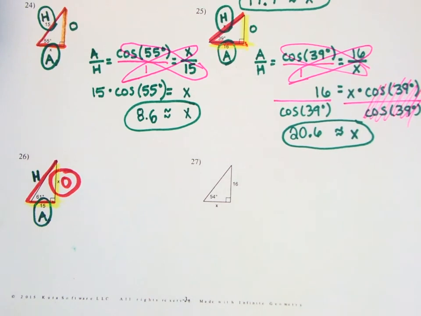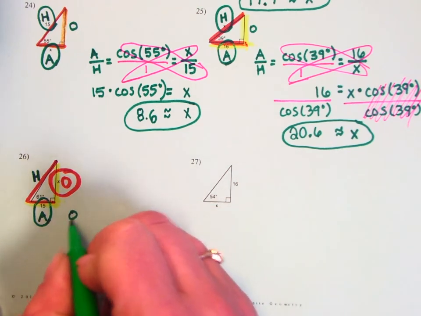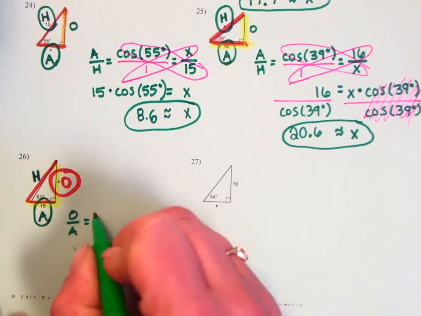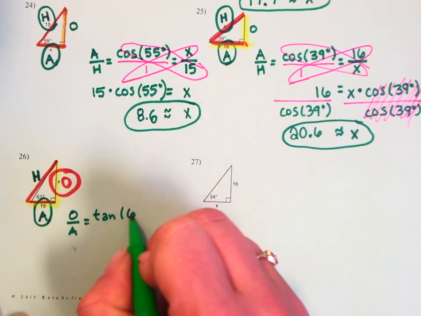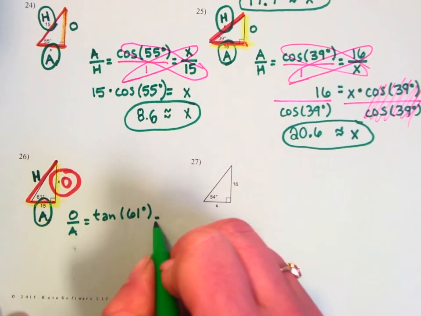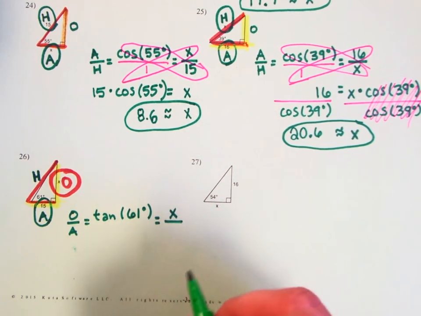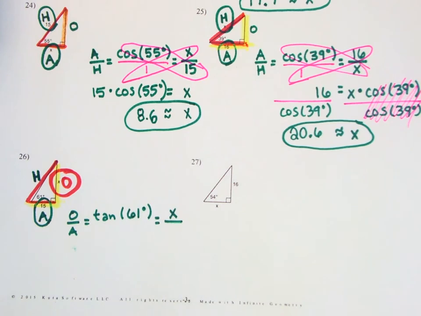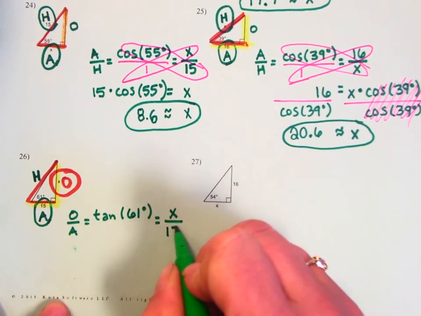SOHCAHTOA, that tells me that O and A make tangent. Opposite over adjacent is equal to the tangent of an angle. In this case, it's 61 degrees. My opposite is x. My adjacent is 15.